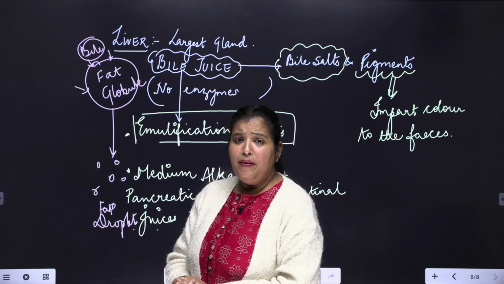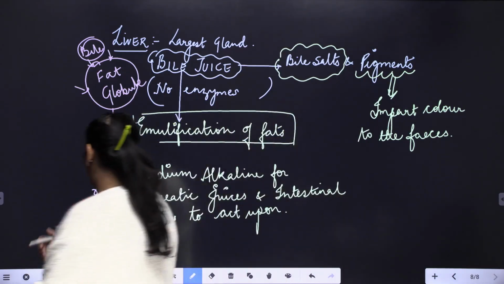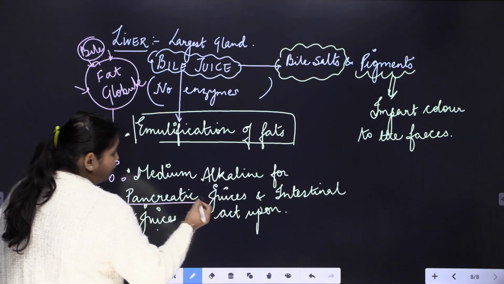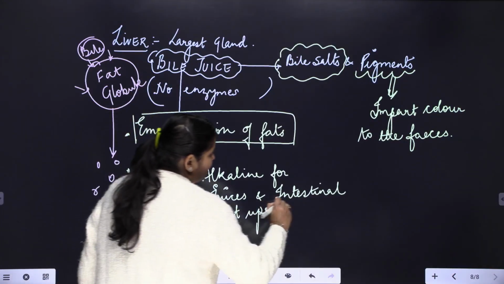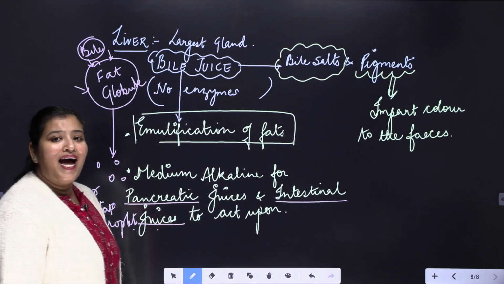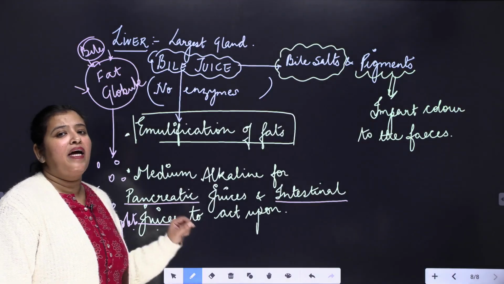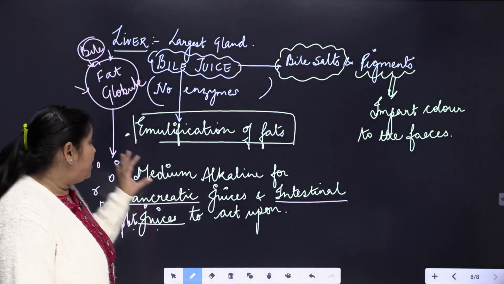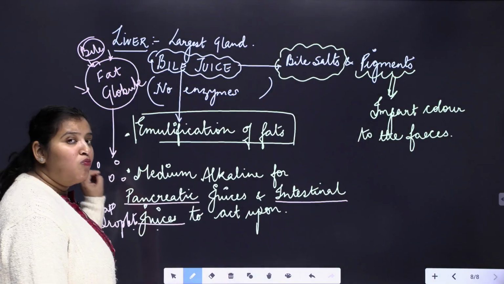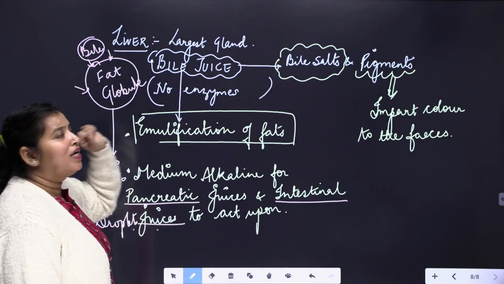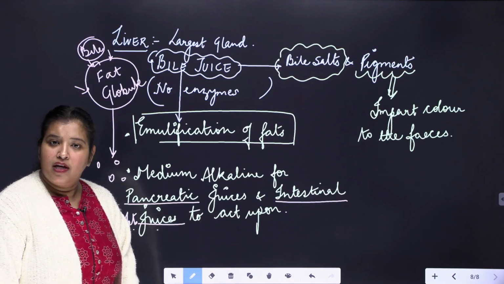What is the purpose? The purpose is to increase the surface area for the pancreatic and the intestinal juices to act upon for the breakdown of fat. Then only fat can be digested easily. It's easier to break down these smaller droplets as compared to that large fat globule. Clear?